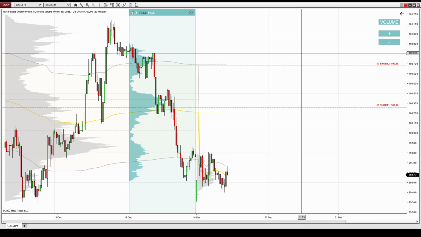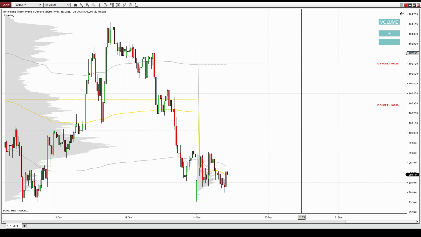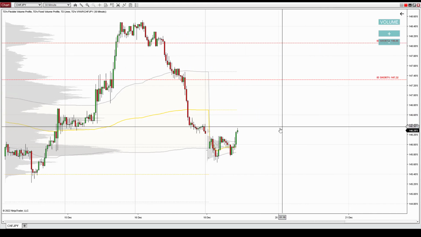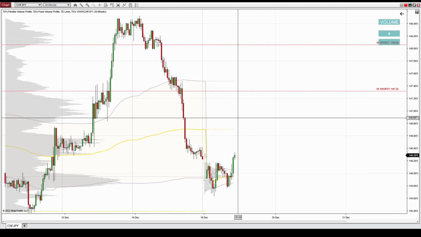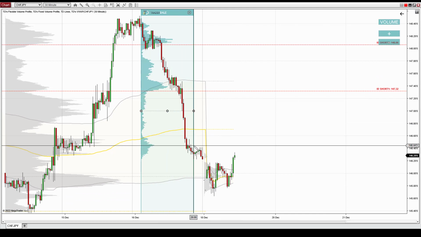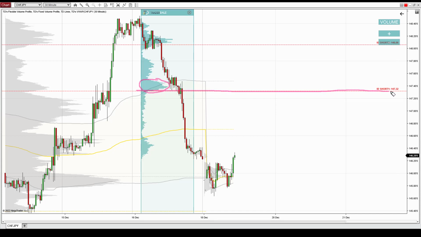The next pair that I'd like to comment on is Swiss franc Japanese yen. In here, the situation is very similar. We also have a trend setup and volume accumulation setup. In this case, the first volume cluster is beginning at 147.32.